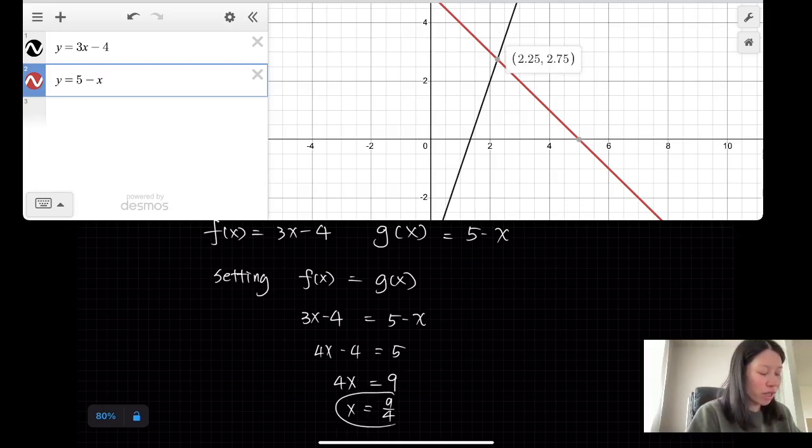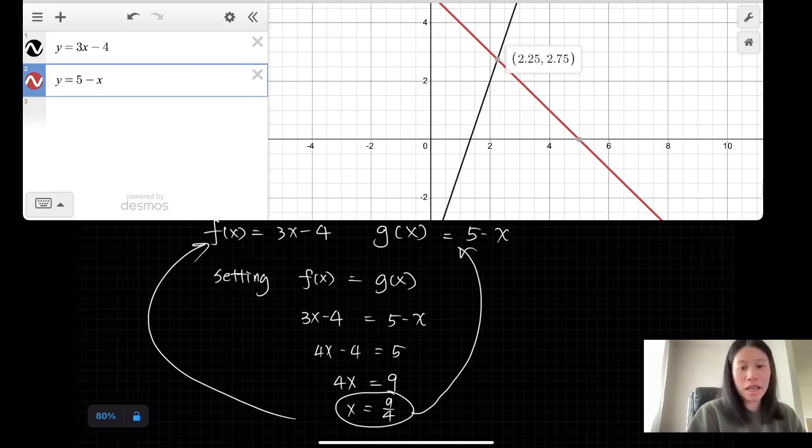After we find the x coordinate, you still need to find the y coordinate, right? Since this point is on both lines, you can substitute x into the function f(x), or into g(x). They should get you the same result. I'm going to substitute into g(x).